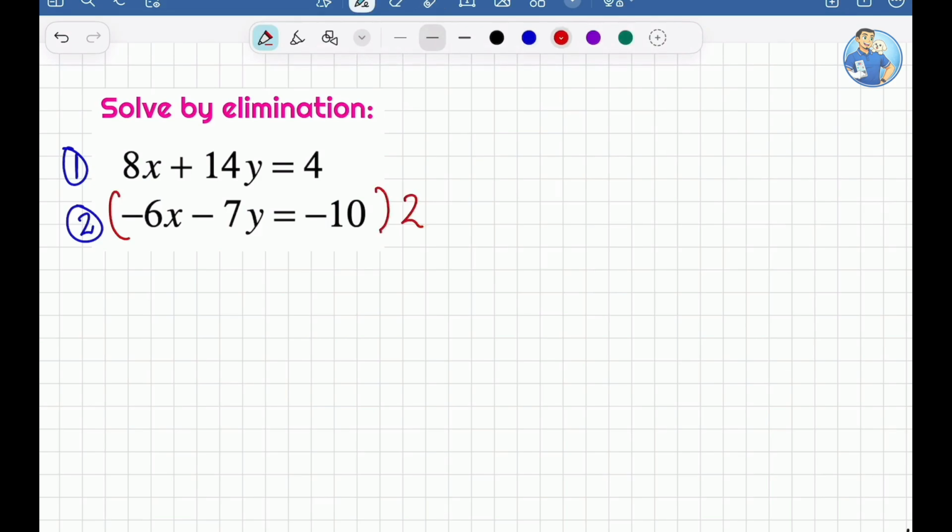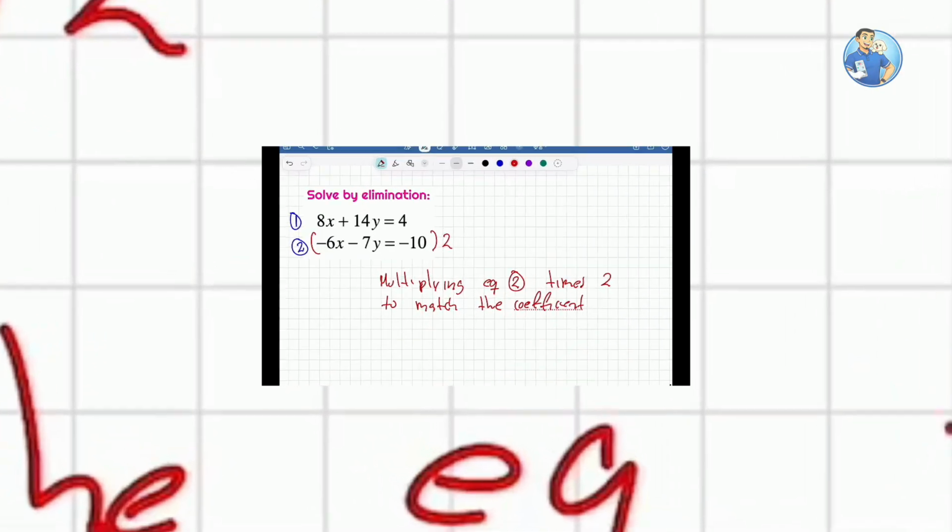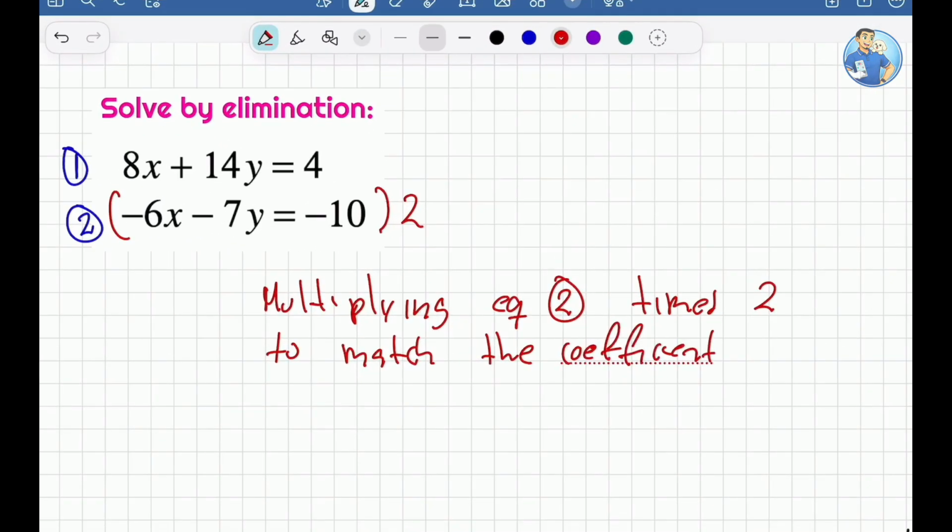So multiply the equation 2 times 2 to match the coefficient, in this case of y.